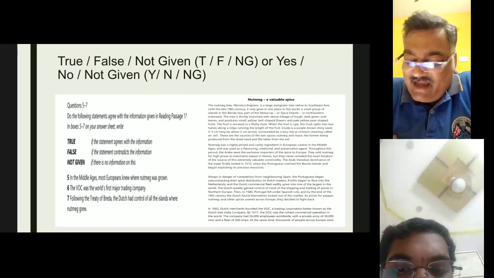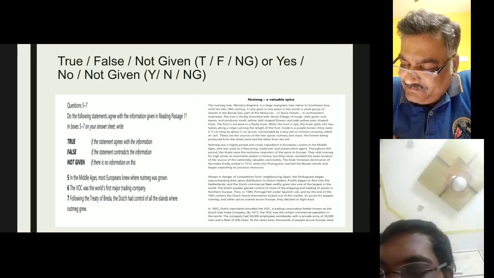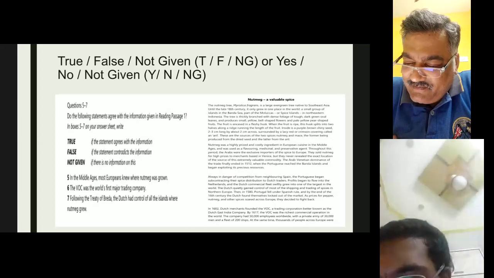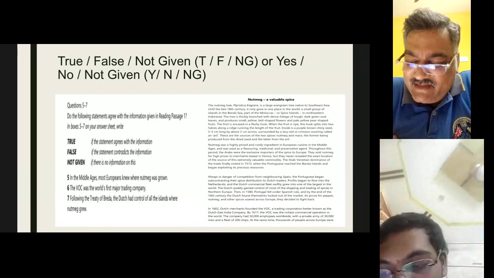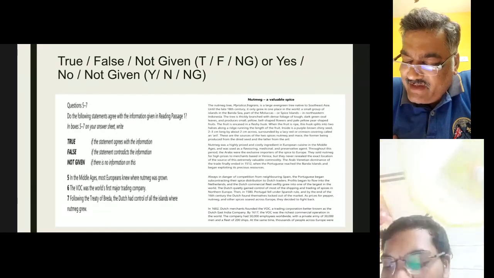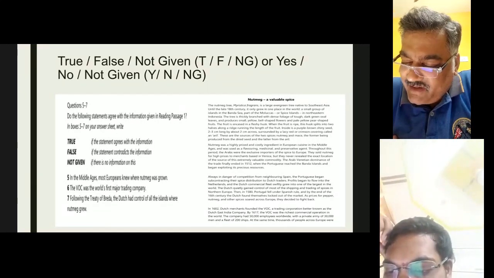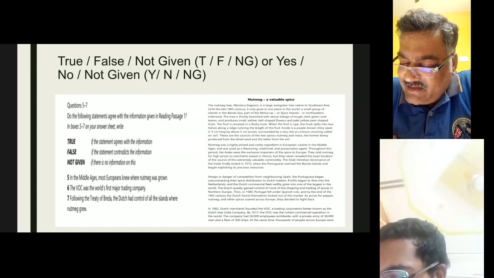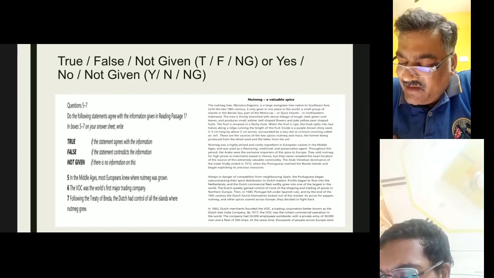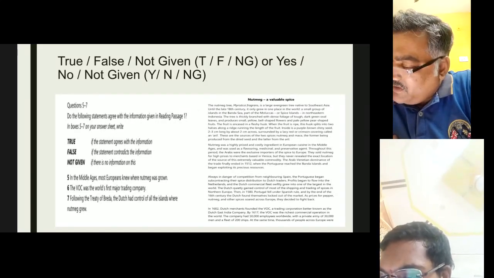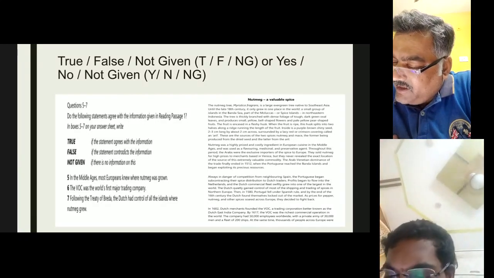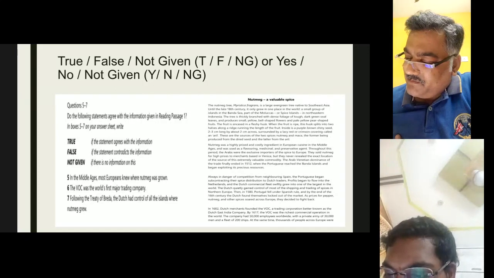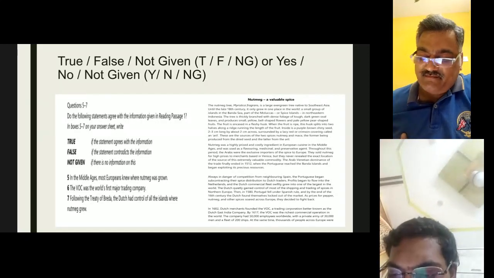Okay. The answer is true. Reason is we found out where this particular paragraph is. It's in the second paragraph. Most Europeans knew where the nutmeg was grown, and they sold the nutmeg for higher prices to the merchants based in Venice, but they never revealed the exact location of the source.